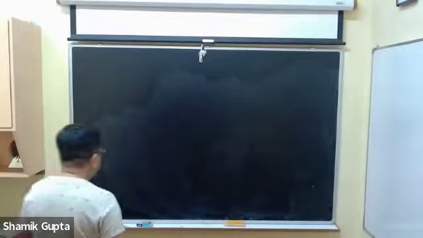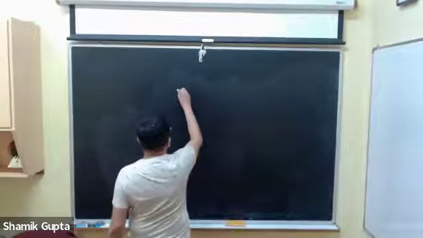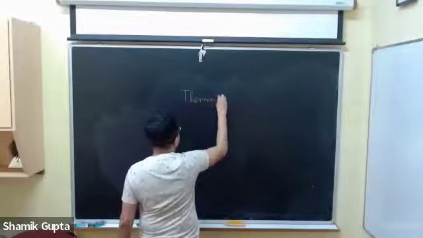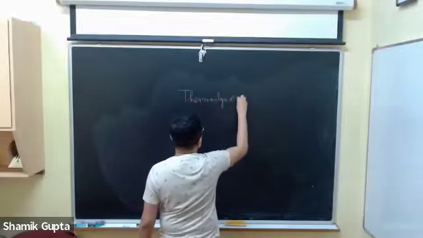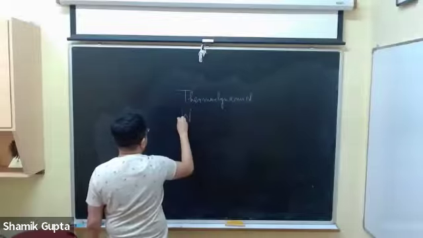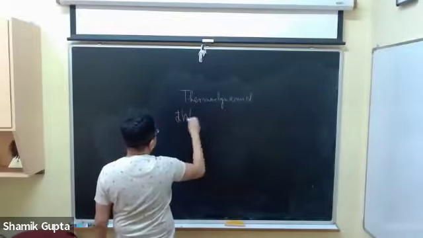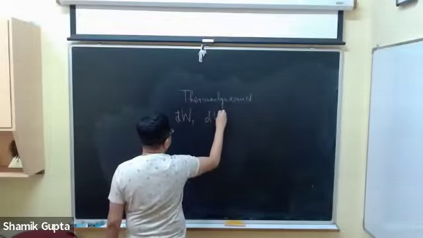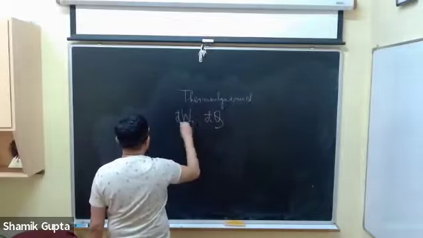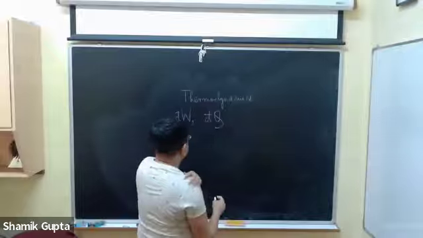Okay. So what we did was we started off with thermodynamics, where we learned about such concepts as infinitesimal work done and infinitesimal heat absorbed, and we saw that these are path-dependent quantities.